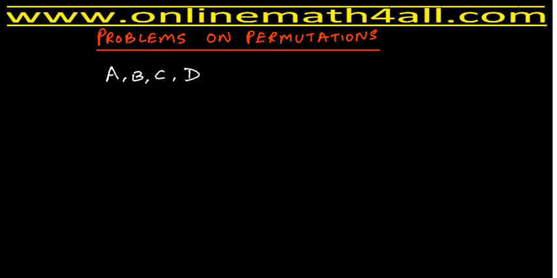Okay. Since I am going to form some new words with the letters A, B, C, D, here due regard is being paid to the order of arrangements, because if I form a new word with these four letters, there will be a question: which letter is going to be the first letter of the word, which one is going to be the second letter, which one is going to be the third letter, and which one is going to be the fourth letter.